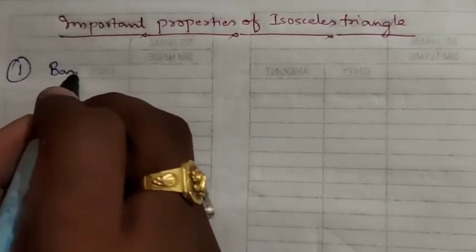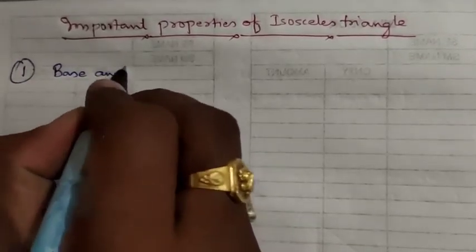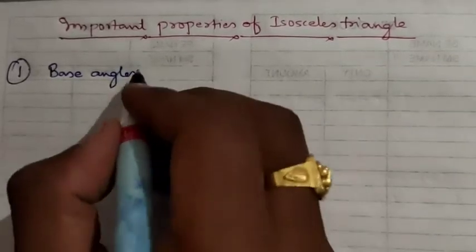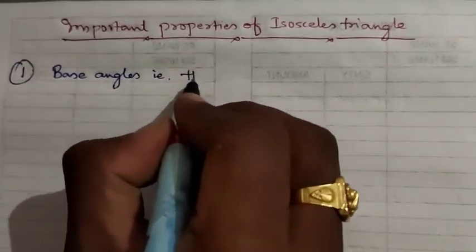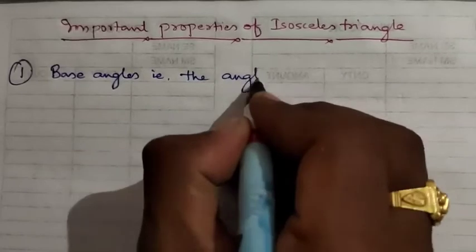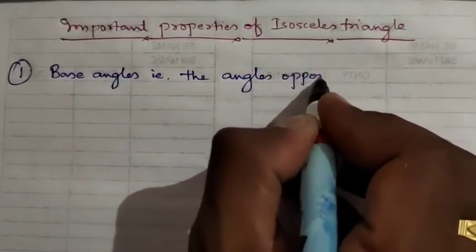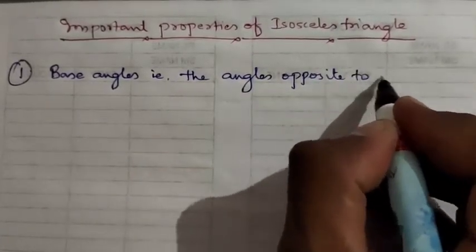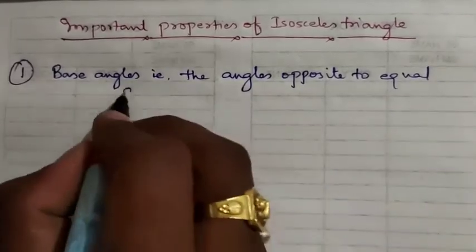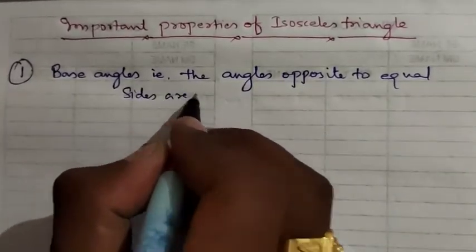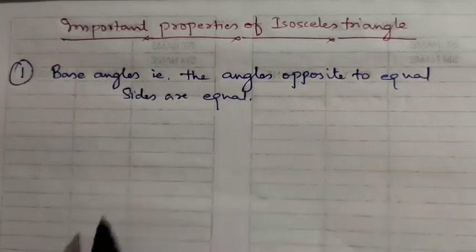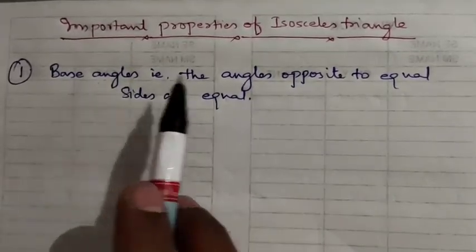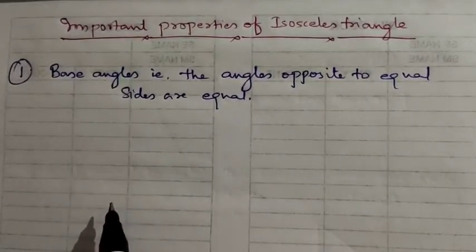First property: base angles, that is the angles opposite to equal sides, are equal. The first property is that base angles of isosceles triangles are equal.